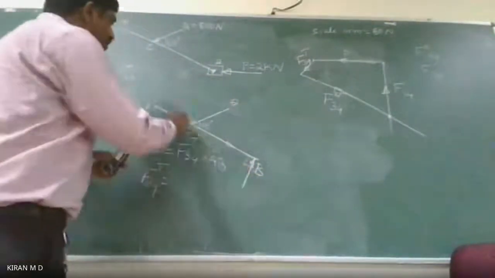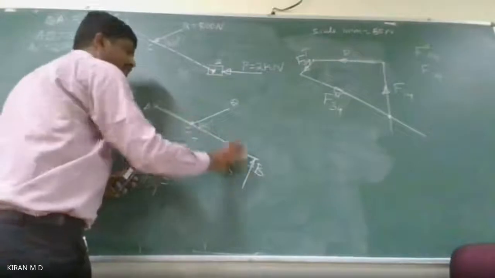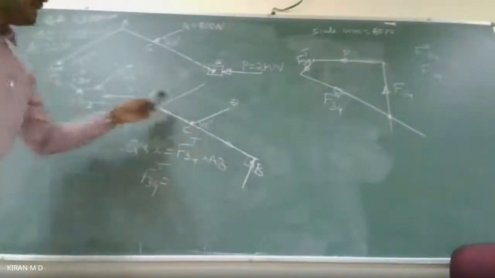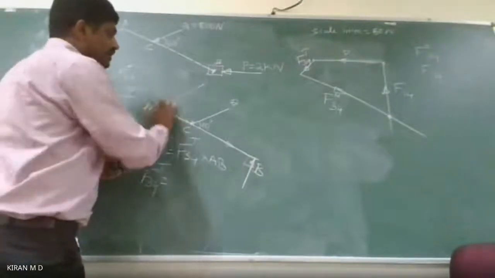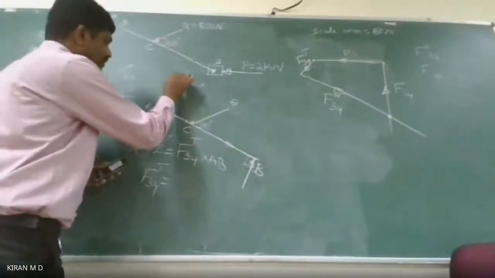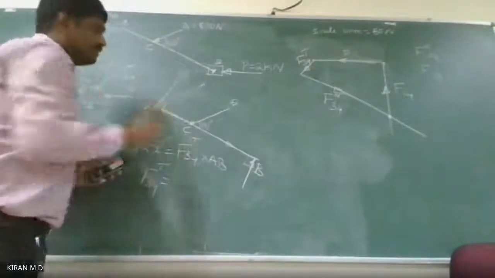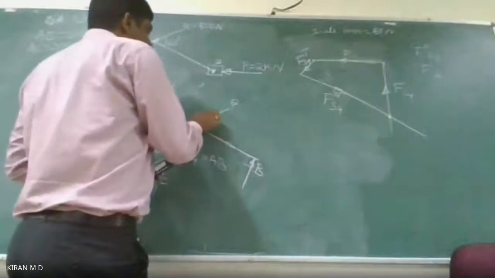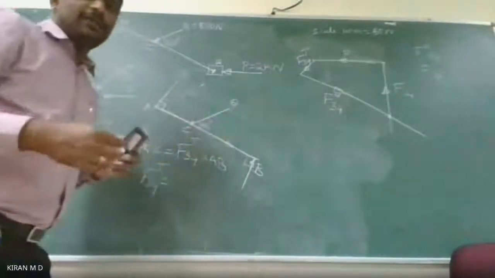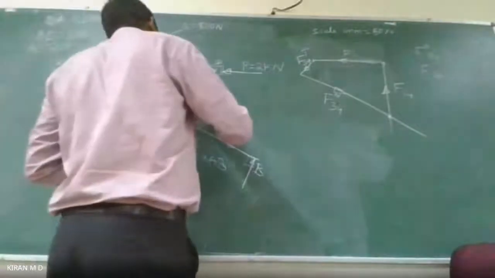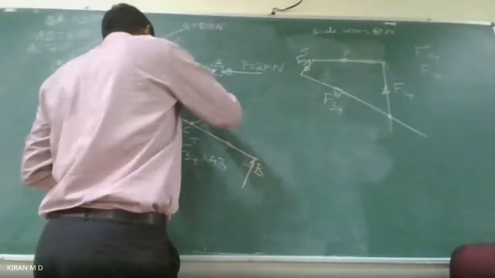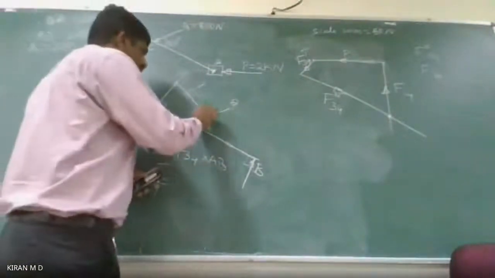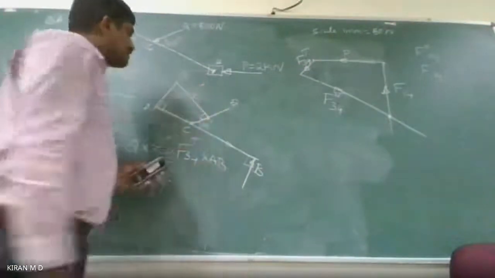Then you draw a perpendicular line, a similar line here, perpendicular to this one. Then you take the distance of whatever load you have, using some scale, and draw the line. So this distance is x.